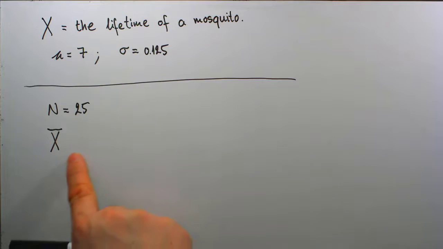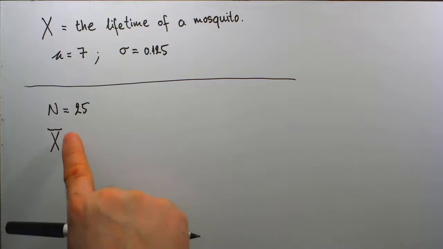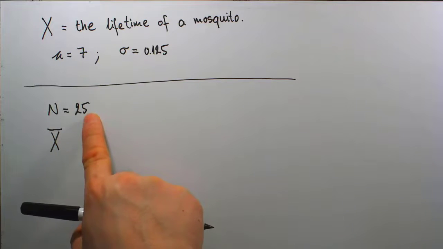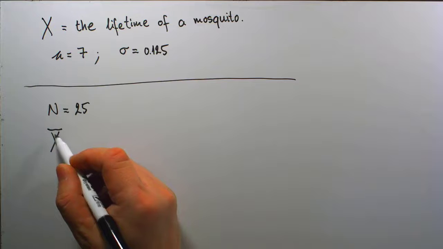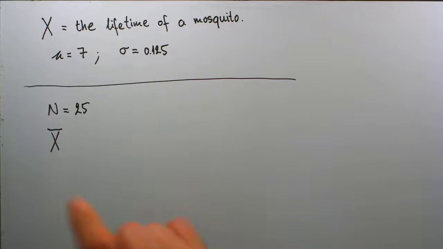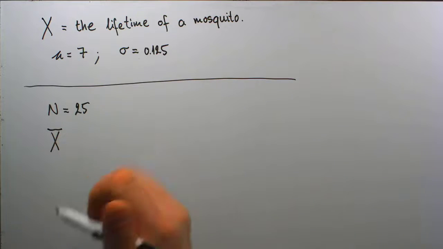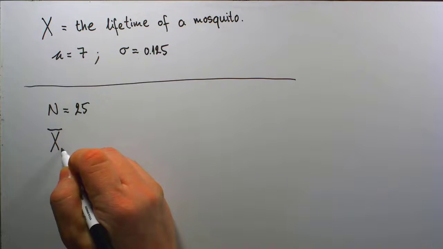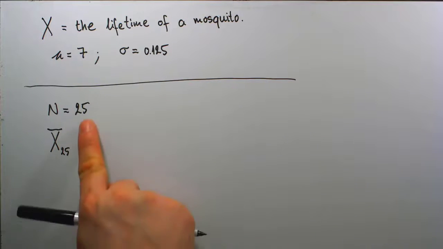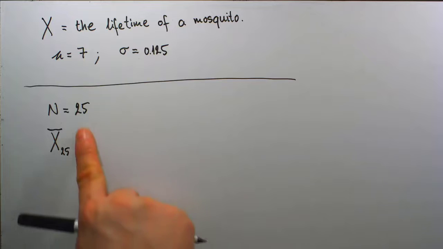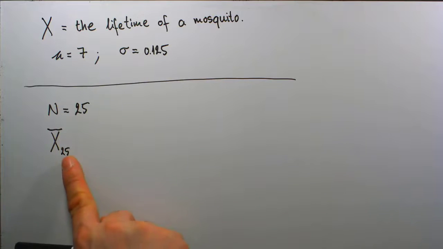So now we generally regard all of those sample means from each sample of 25 right here as a random variable capital X bar. Many textbooks out there only use the symbol capital X bar, but I go ahead and indicate a subscript 25 here to indicate that this random variable represents a sample mean.